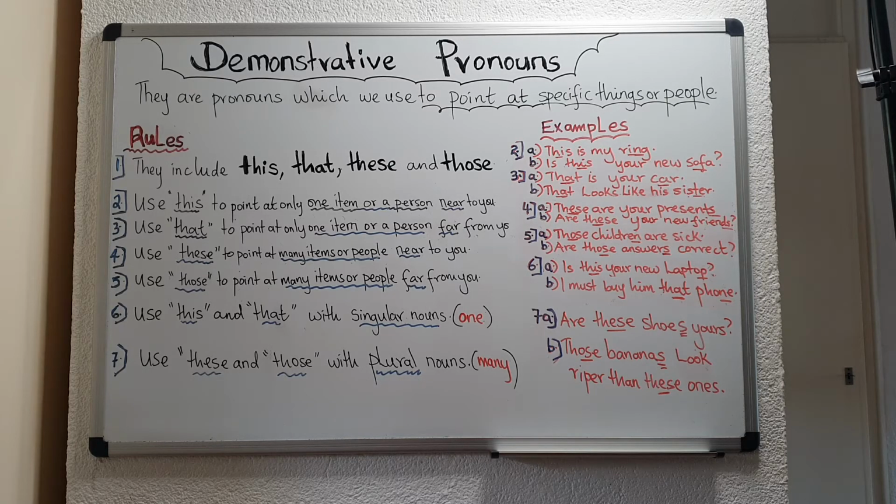Example 2b. Is this your new sofa? So you can imagine that you're sitting in the living room and you have some friends and you have a new sofa or a couch. So one of your friends may ask, is this your new sofa?